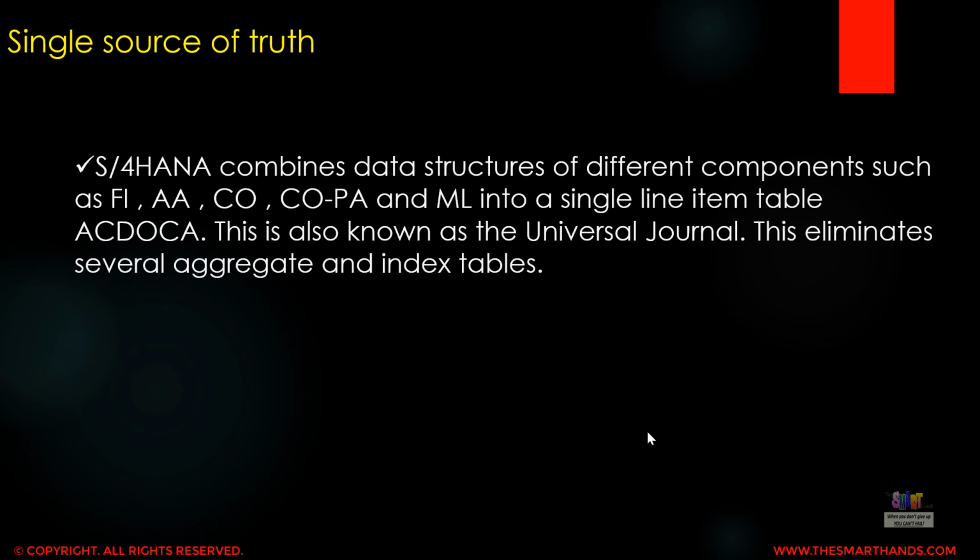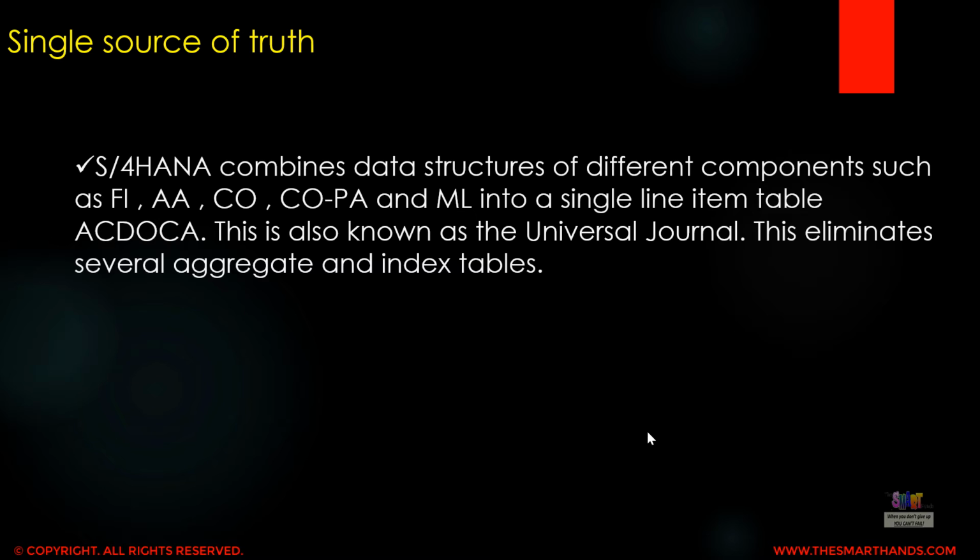Single source of truth. S4 HANA combines data structures of different components such as FI, asset accounting, CO, COPA, and ML, which is material ledger, into a single line item table, known as ACDOCA. This is also known as the Universal Journal. This eliminates several aggregate and index tables.